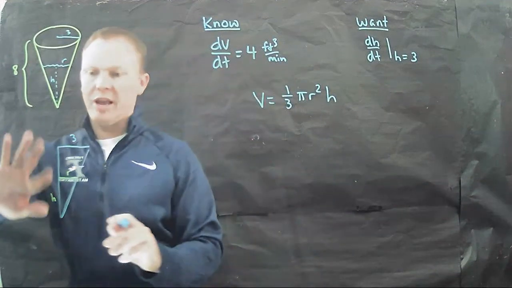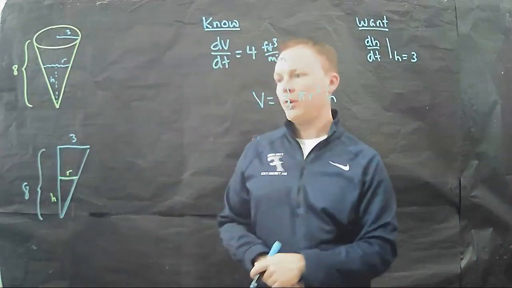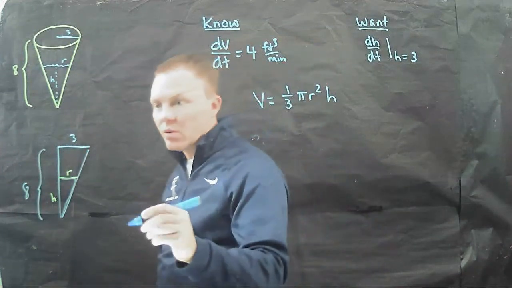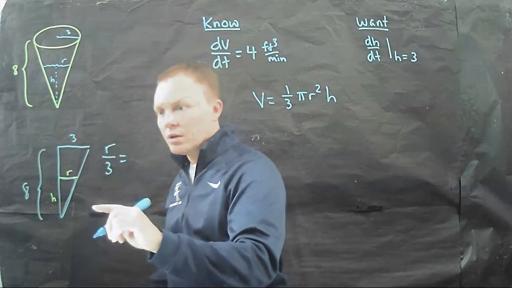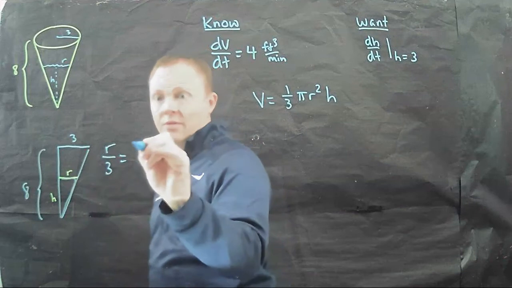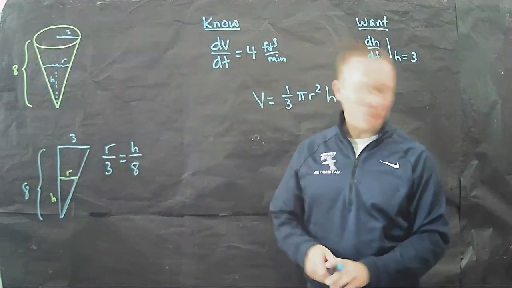Make sure you understand that that 8 goes for the whole cone, okay? So it looks to me like R over 3 equals H over 8. That's one way of writing the proportionality of that.